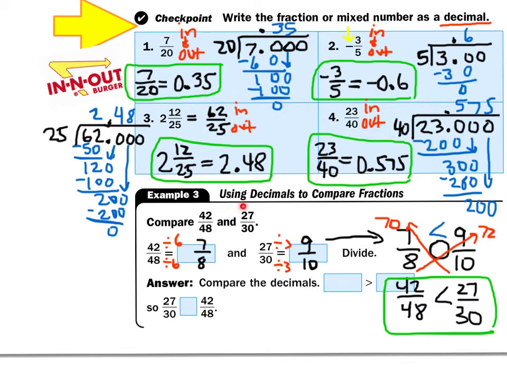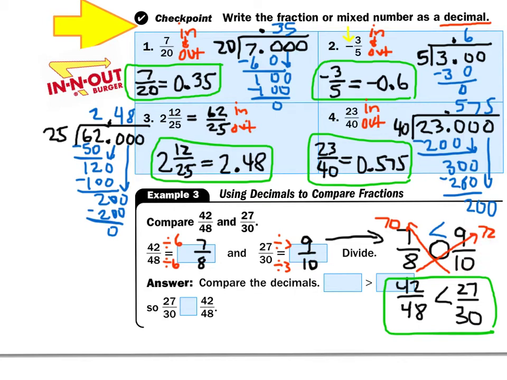Okay, now they want you to use decimals to compare the fractions, and honestly that's not normally what I do. What I would normally do is just take the fractions, 42 over 48, and I would try to reduce it. Notice how 6 goes into both, so that would be 7 over 8, so I write 7 over 8 over here, and then I would reduce 27 over 30. 3 goes into both, so that gives me 9 over 10, so I wrote 9 over 10 here.